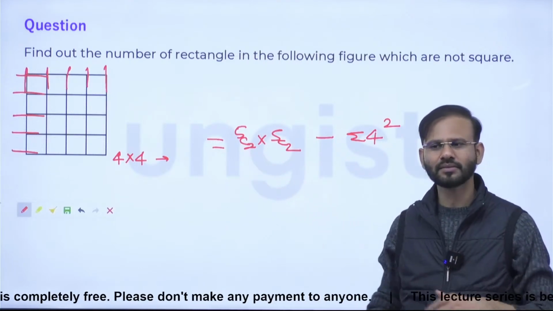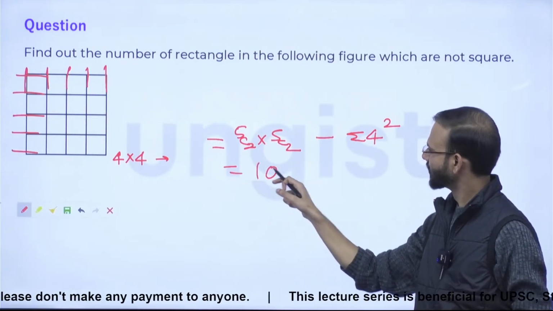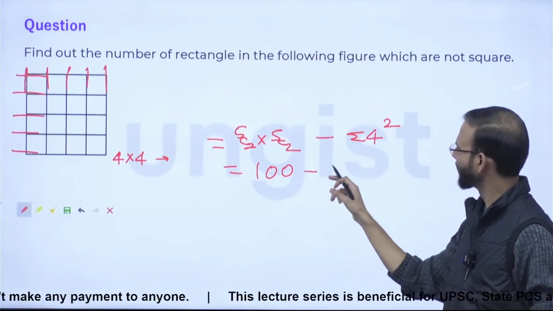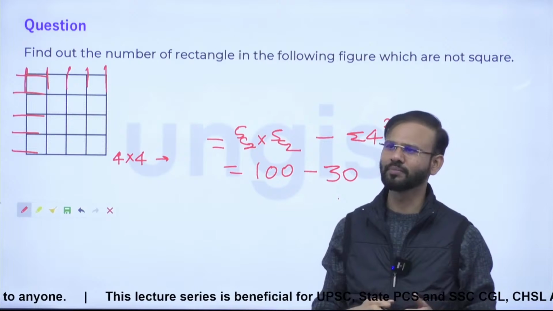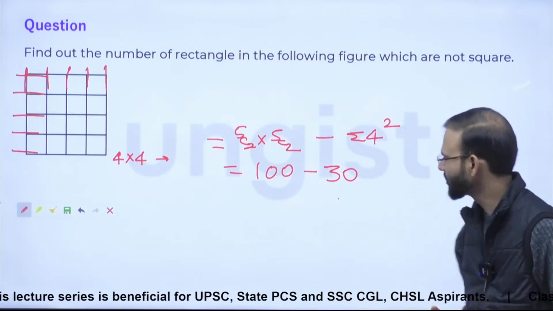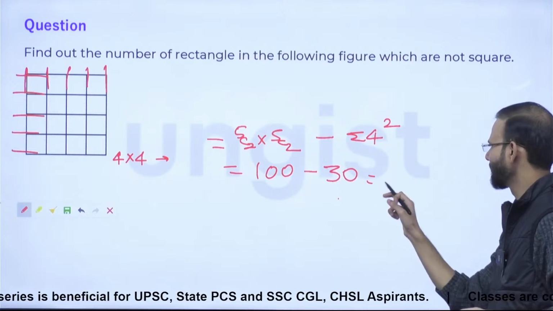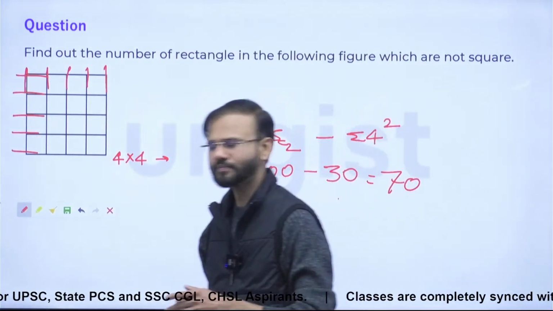Quick. 10. So this is 10 into 10, 100. Sigma 4 square we have calculated, this was 30. मुझे बताइए ज़रा, 1 square plus 2 square plus 3 square plus 4 square: 1, 4, 9, 16. 30. What is the answer? 70. Guys, is it clear?